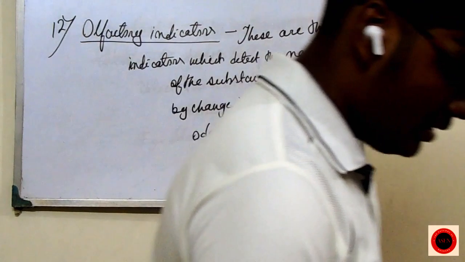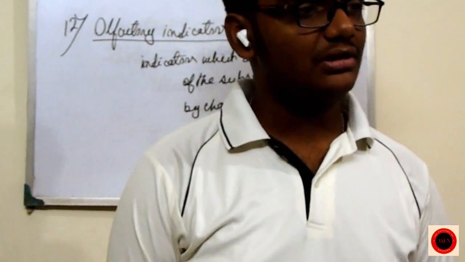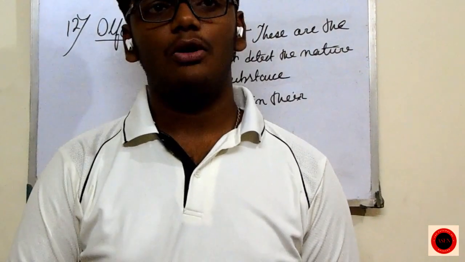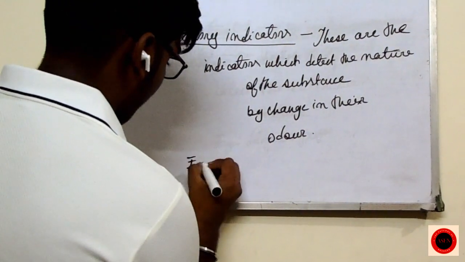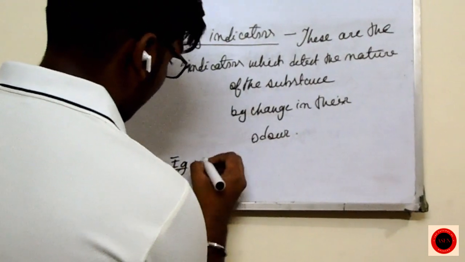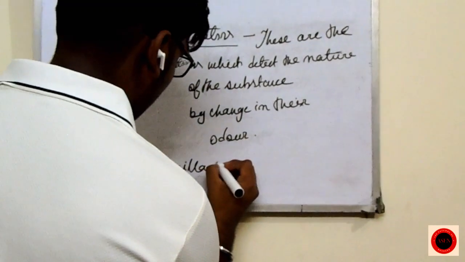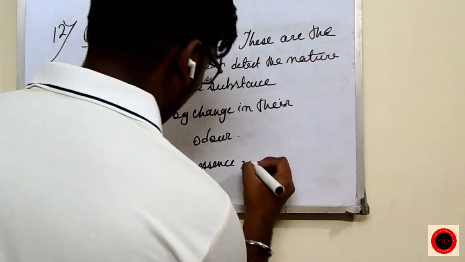There are so many examples: vanilla essence, onion clove.